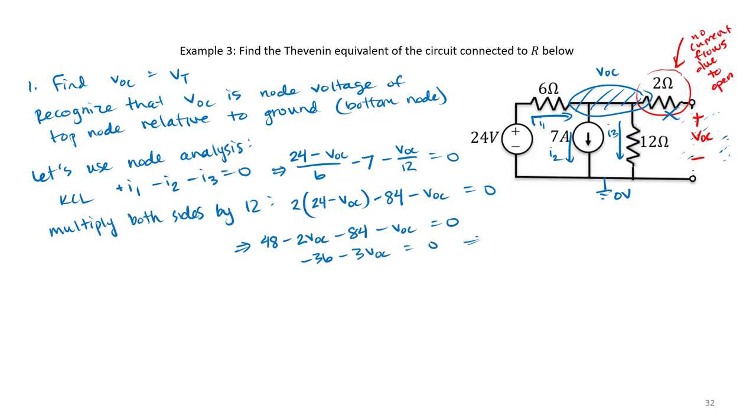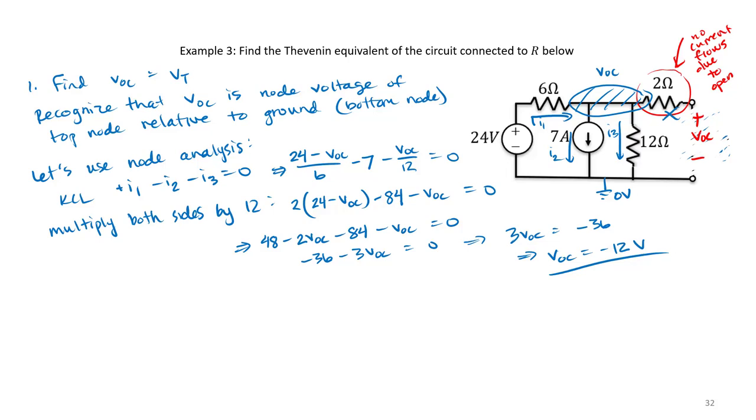So 3 VOC is negative 36. We determine our VOC is negative 12 volts. All right, so there's our VOC.